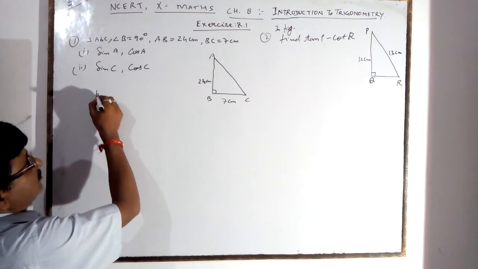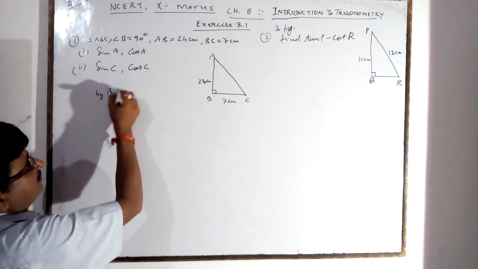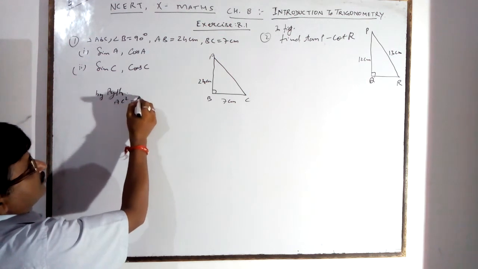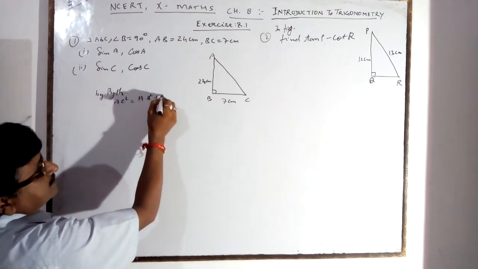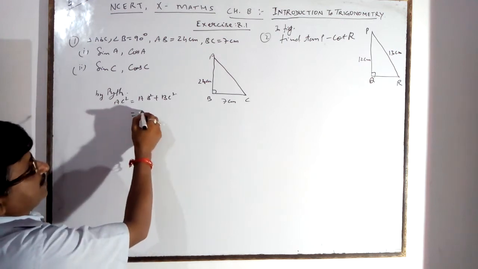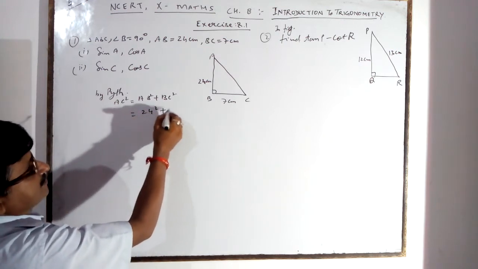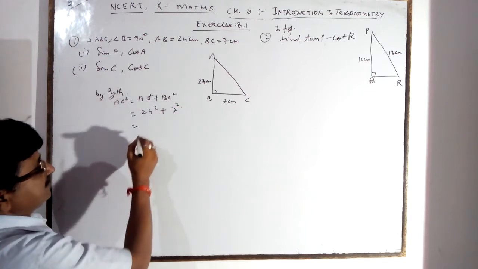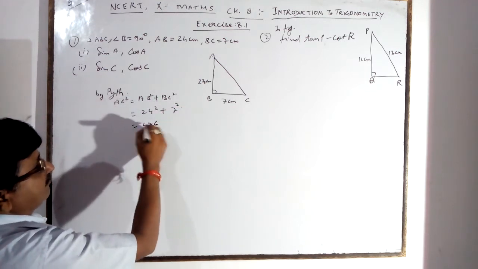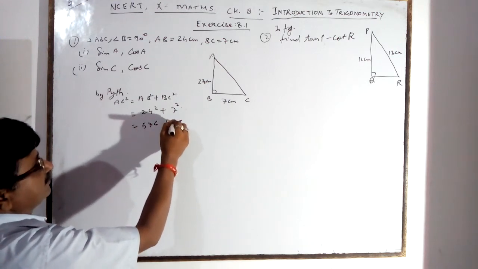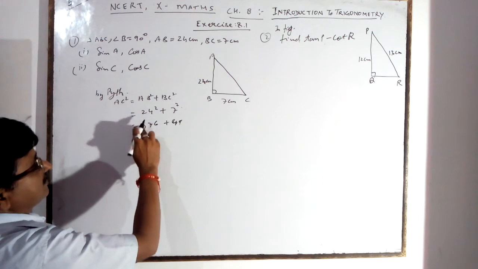So by Pythagoras, AC square is equal to AB square plus BC square. AB square is 24 square plus 7 square. So you will find 576 plus 49.